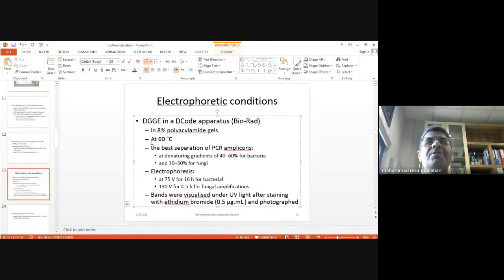The temperature should be adjusted at 60 degrees centigrade. The best separation of PCR amplicons is at a denaturing gradient of 80 to 60% for bacteria and 60 to 50% for fungi.